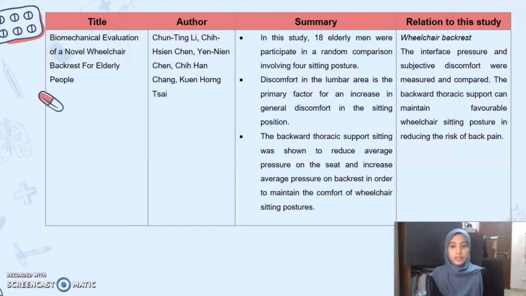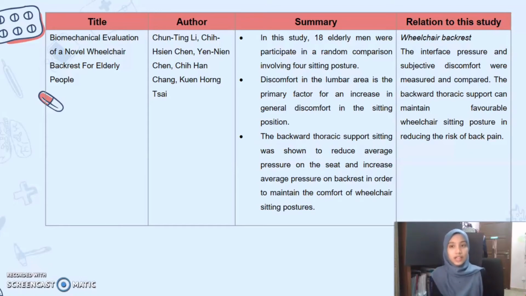So, this paper intends to evaluate the influence of backward thoracic support on interface pressure and subjective discomfort. In this study, 18 men will participate in a random comparison involving 4 sitting postures.